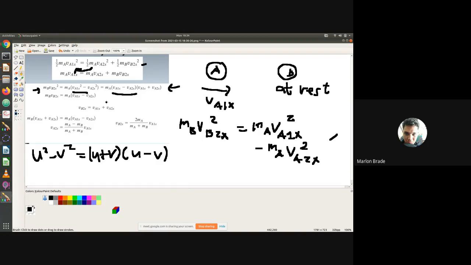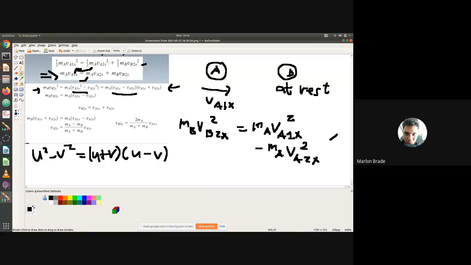So, now let us look at the first. The second term, this is from this guy over here. So, MBVB2x is equal to MAVA1x, transposed to the other side. So, MBVB2x is equal to MA, common, VA1x minus VA2x.